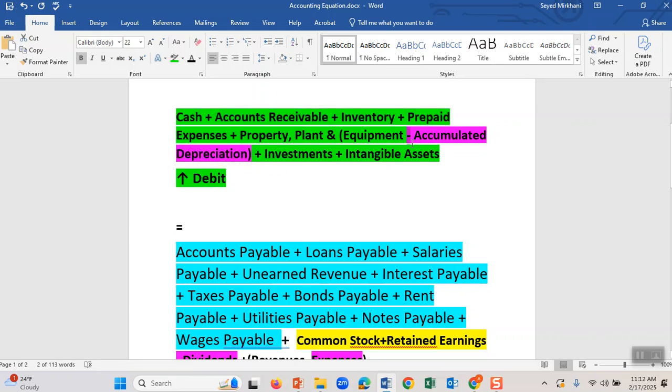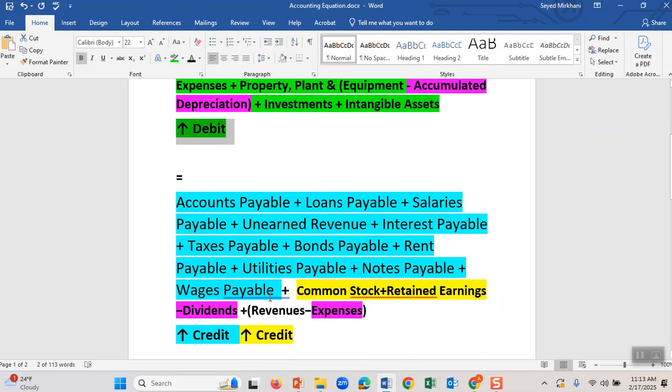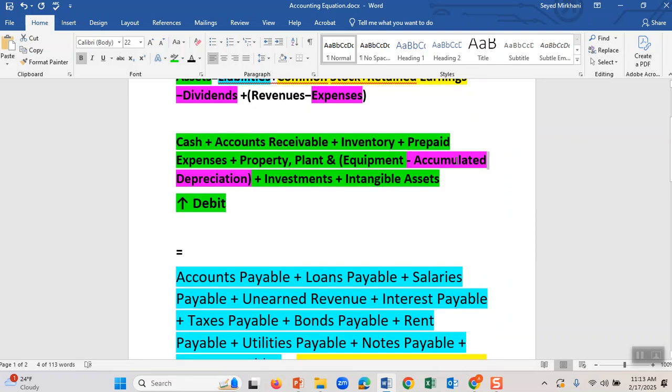However, this one originally belonged to this side of the equation and the accountants intentionally brought it here. Therefore, each time it goes up, that is a credit because it belonged to this side of the equation.